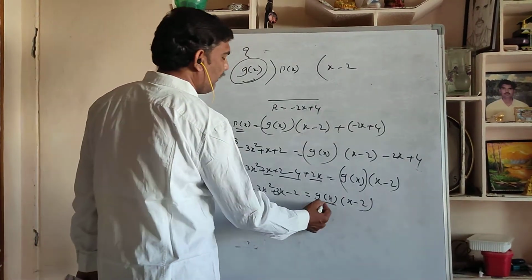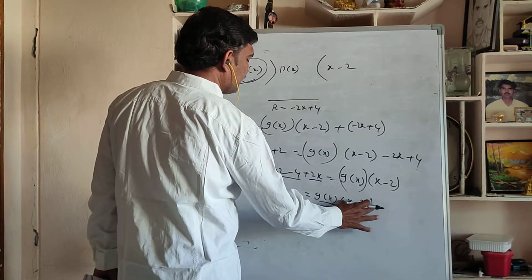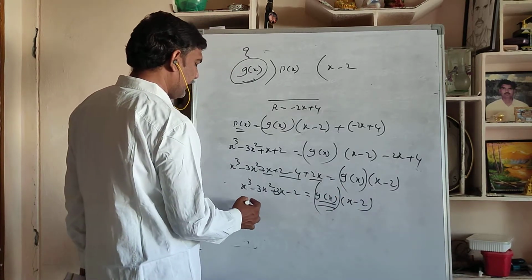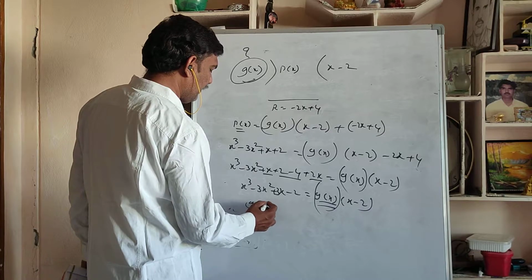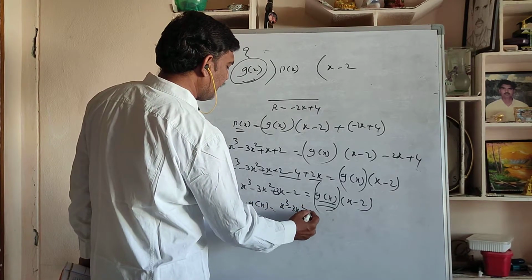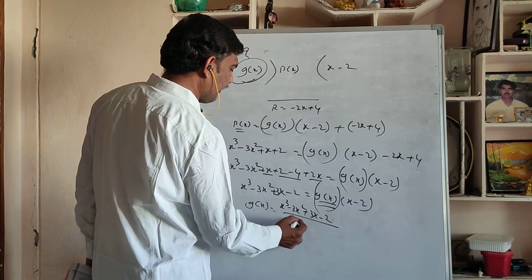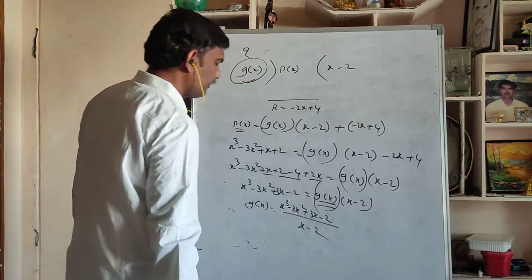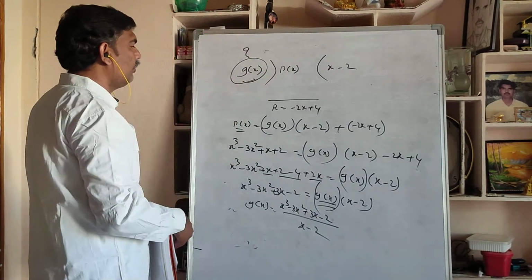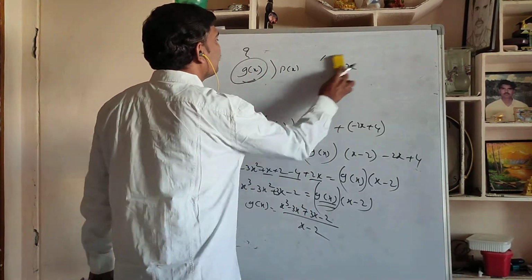If I make g of x the subject, this x minus 2 is multiplying g of x, so x minus 2 will divide. So g of x is equal to x cube minus 3x square plus 3x minus 2 divided by x minus 2. We can't do the division like this, again we have to go with normal division.